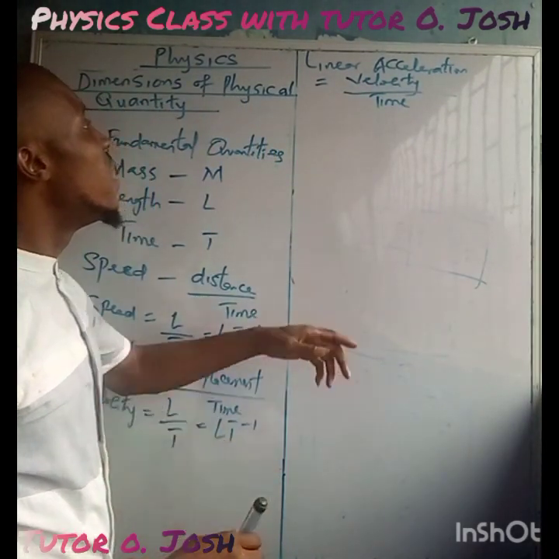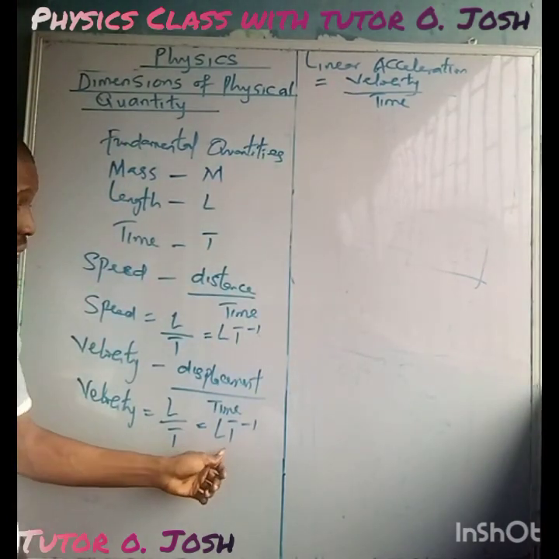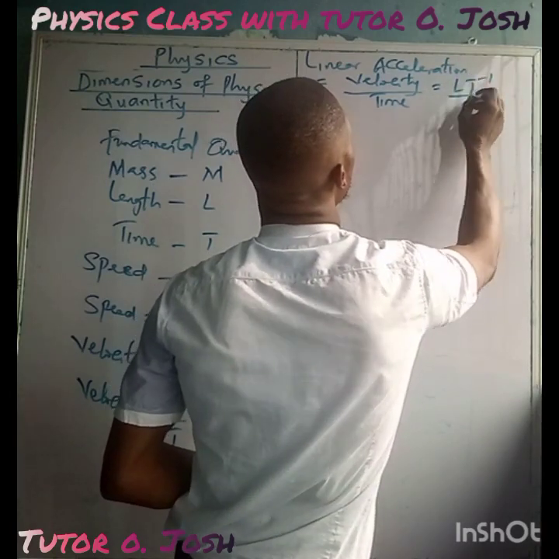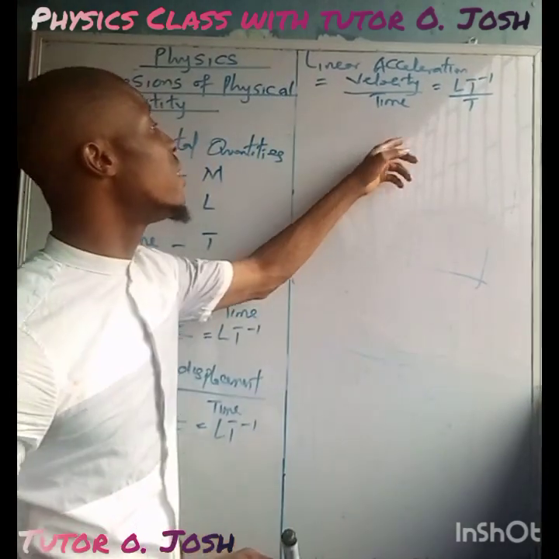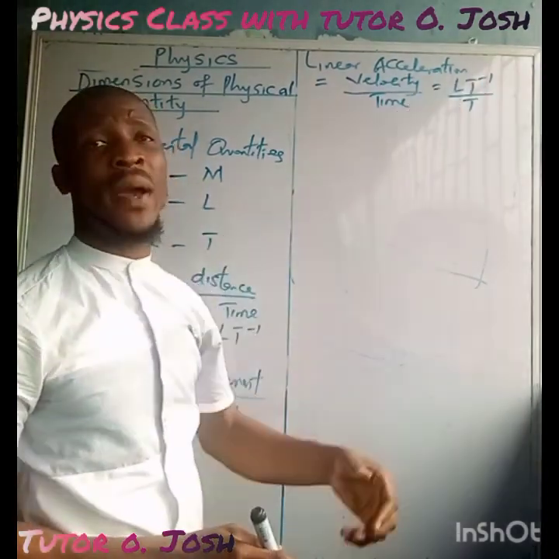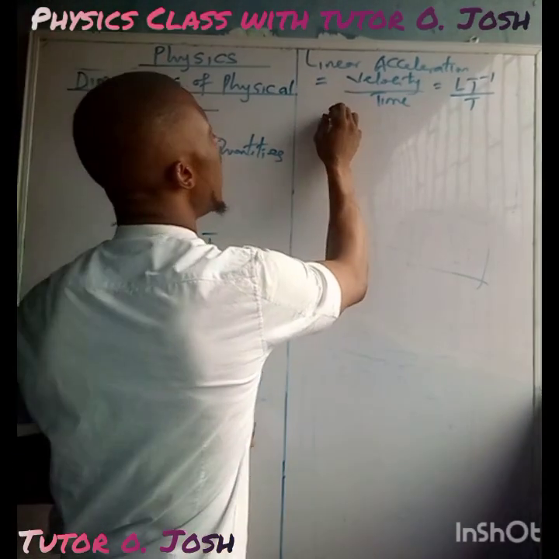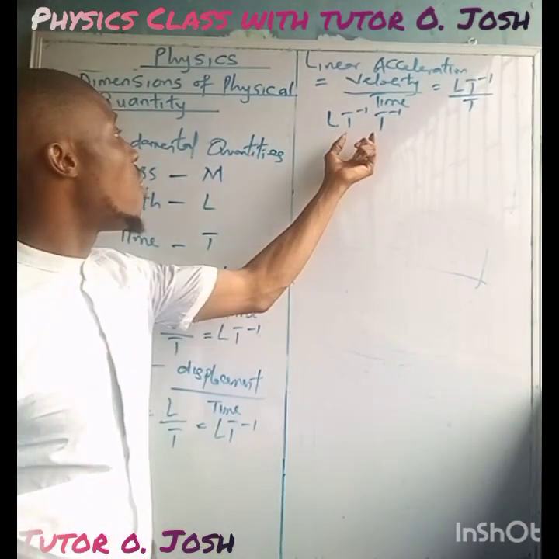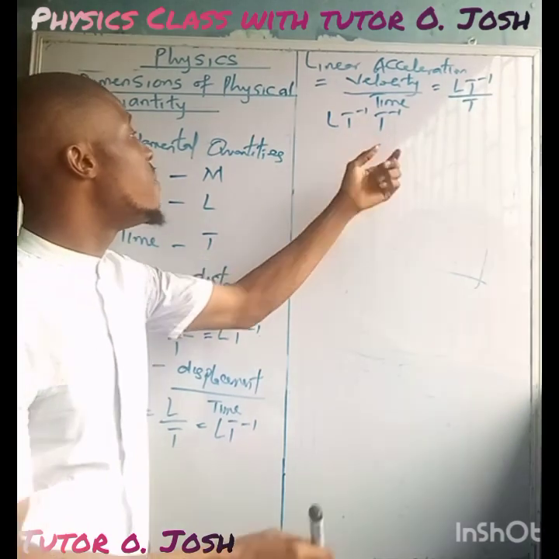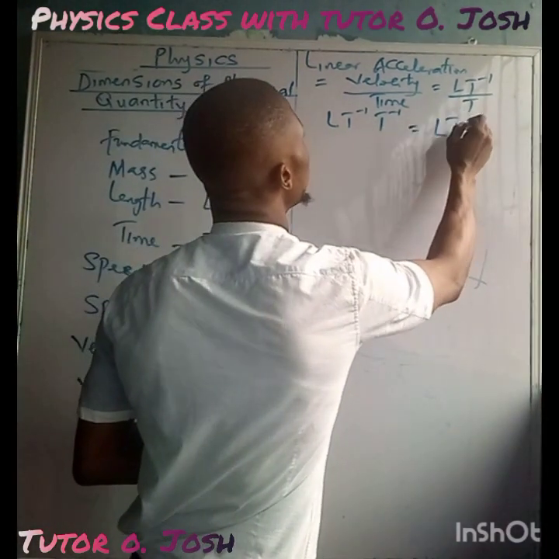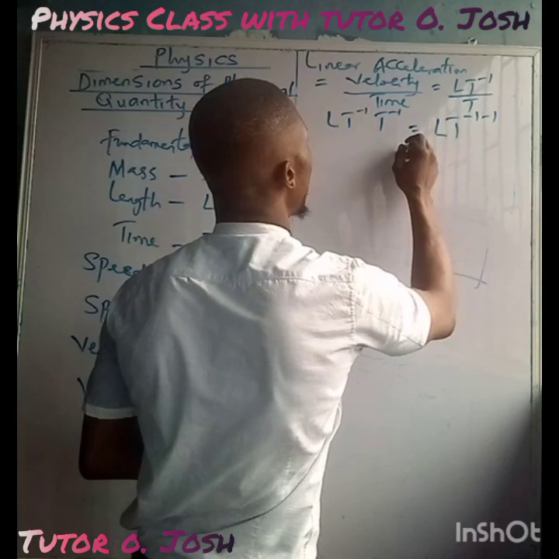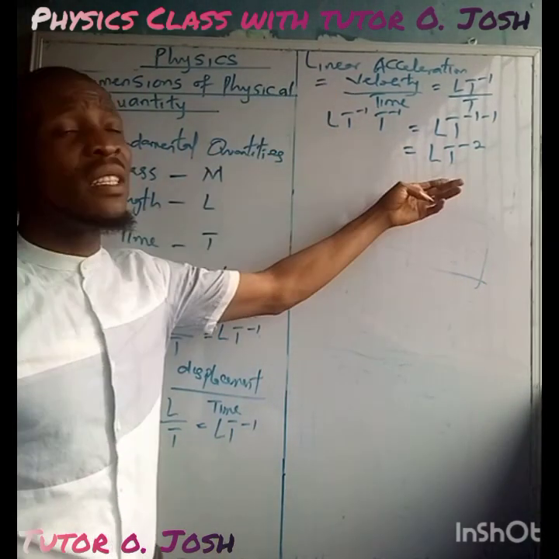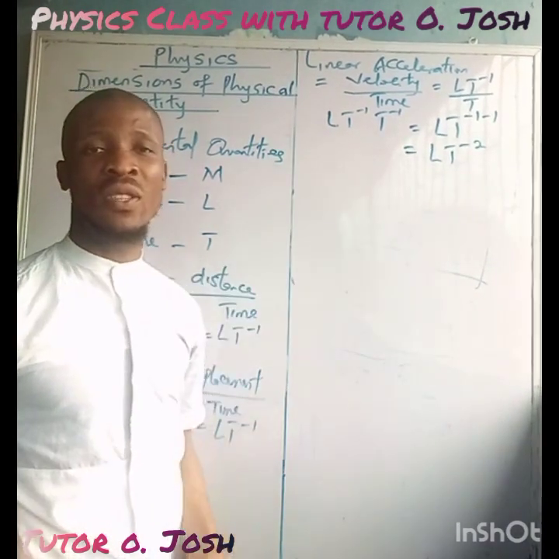The dimension of velocity is LT^-1, so this is the same as writing LT^-1 over T, because the dimension of time is T. This can be written as LT^-1 times T^-1. From indices, we can combine these because they have the same base, giving LT raised to power minus 1 minus 1, which is LT^-2. So the dimension of linear acceleration is LT^-2.